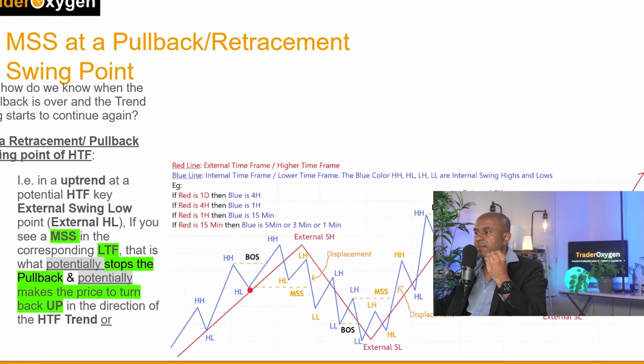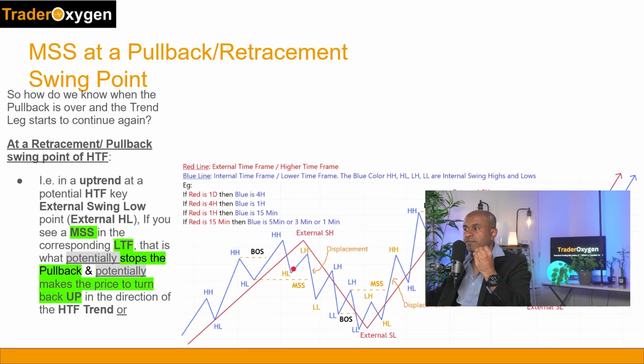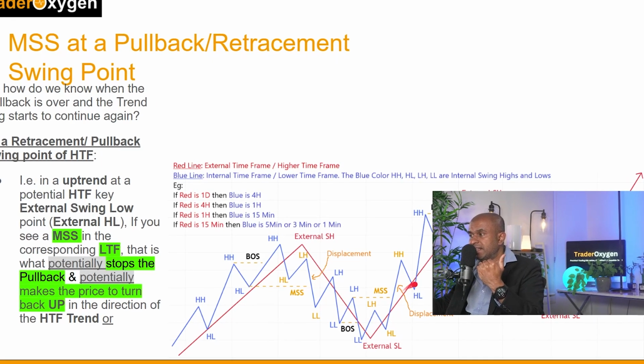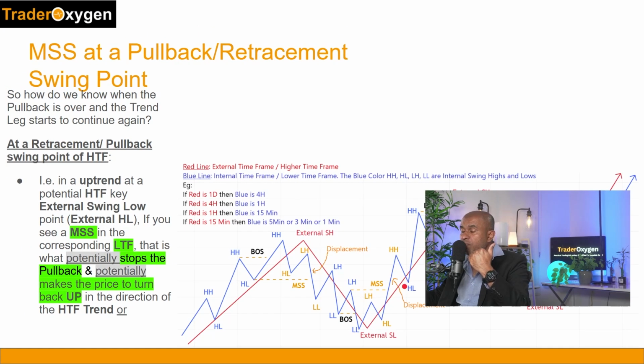So we can buy here, but now it's in a pullback. So during a pullback, we don't buy while the pullback is happening. We want to start buying after the pullback has completed. See, in these areas is where we want to buy, when the higher time frame has started its trend leg again. But how do we confirm that?